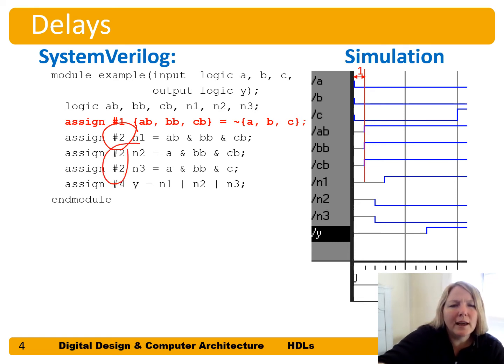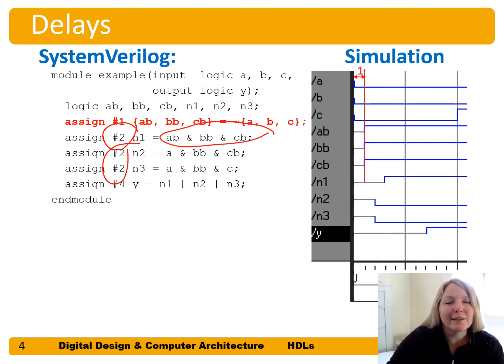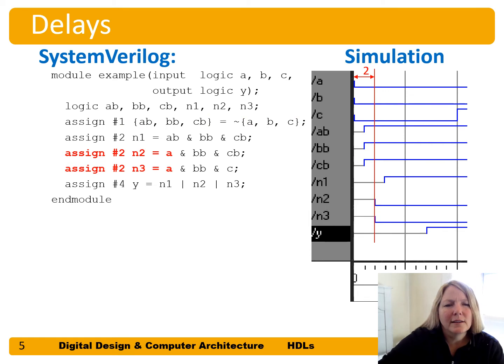So again, whenever anything on the right-hand side changes, 2 clock ticks later, the signal on the left side should change. And so here, for example, A and B changed at time t equals 0. So 2 clock ticks later, N2 and N3 should change.